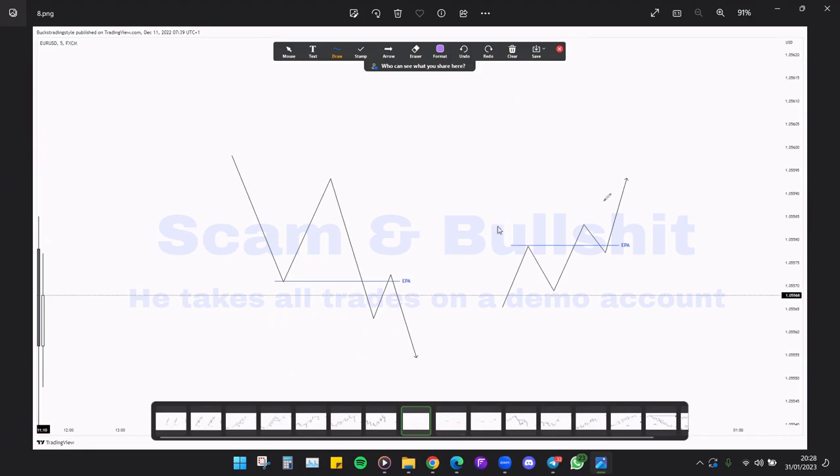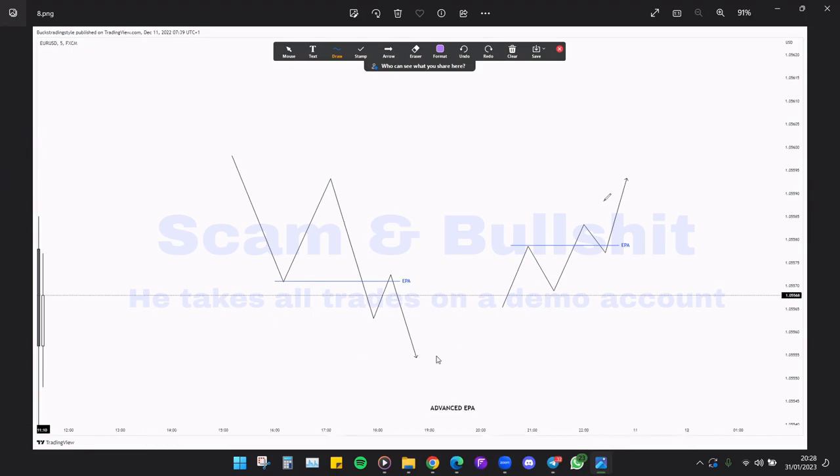Okay. Now this is just the simple illustration of EPA and IPA. There is something called advanced EPA and advanced IPA. Okay, so I'm going to teach this, but I don't use it that much in trading because it is hard to spot. Okay, let's look at it now.